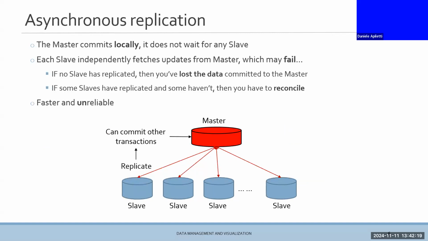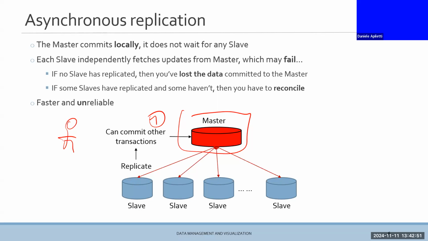On the other side, the opposite behavior is that when you get the update here, the user asks for an update to the master, and the master answers immediately, okay, I've done it. So I can go as fast as the master can, so that's the fastest option. However, the slaves will catch up later. How much later?